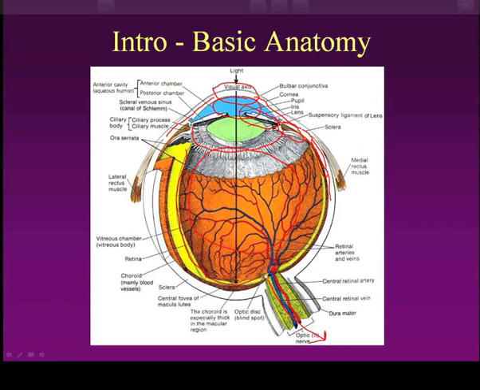There's 2 circulations to the retina. There's the central retinal artery and vein, and then actually the choroid provides very much of the circulation to what we call the outer retina, the back side of the retina.